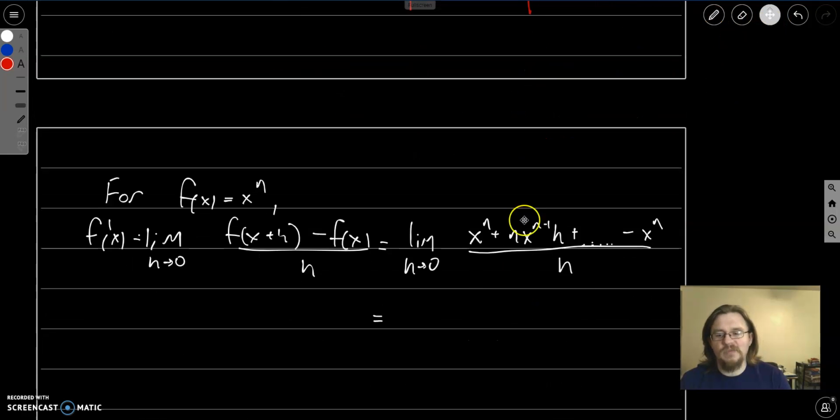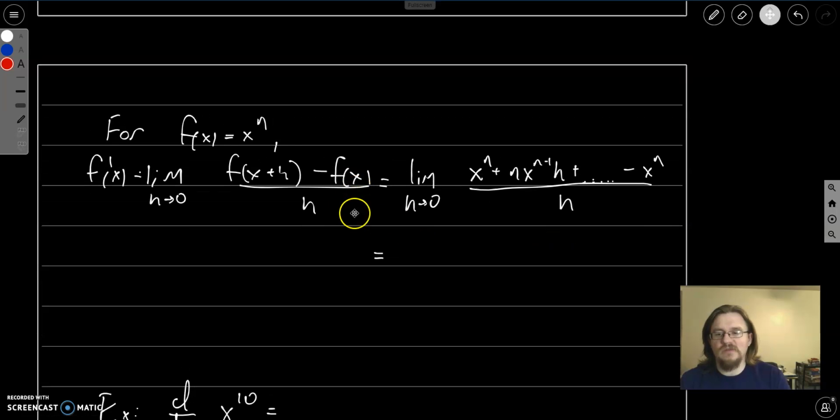So what happens if I try to take the derivative of x to the nth power? Well, I plug it into my formula. I take the limit as h approaches 0 of f of x plus h minus f of x over h. If I plug x plus h into here, well, we already saw that we get the x to the nth power.